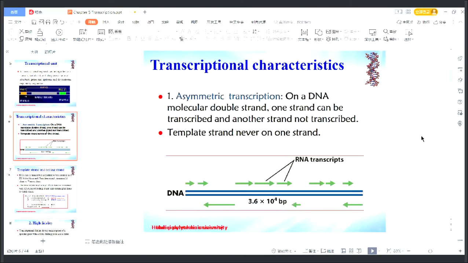Here you can see what kind of difference there is in transcription. You can see the transcriptional characteristics. The first is asymmetric transcription.